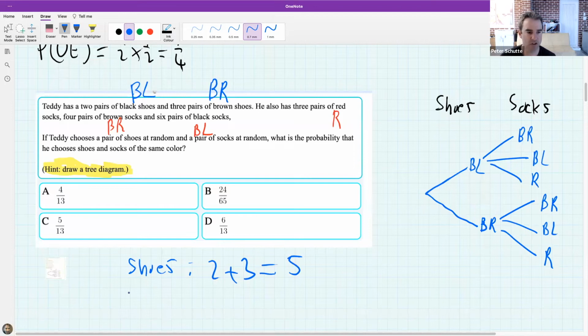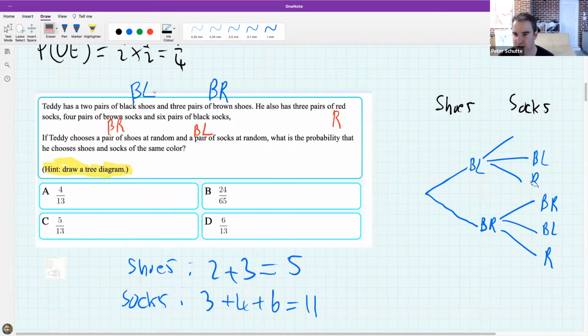When you deal with socks, you're dealing with 3 red, 4 brown, and 6 black. So that would be 13. And I see some of you may be asking, why have I put red at the bottom? You don't have to put red like I did.